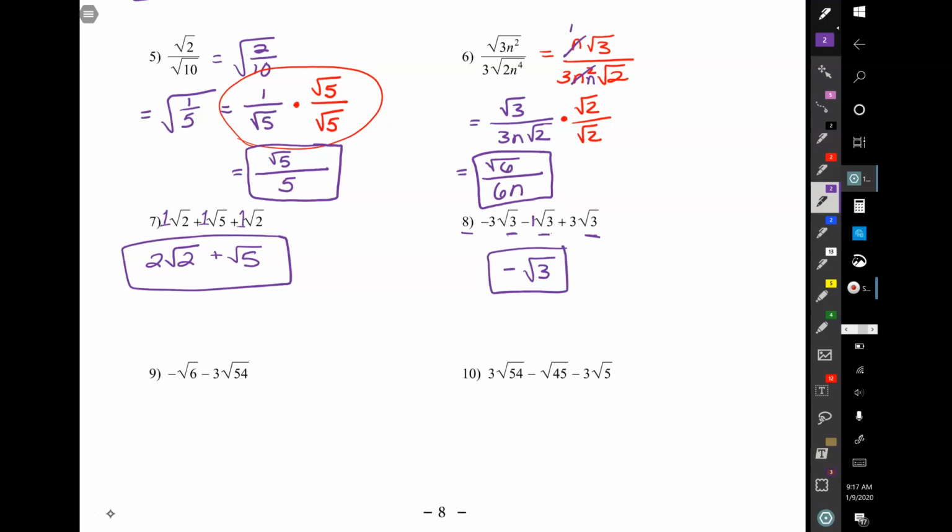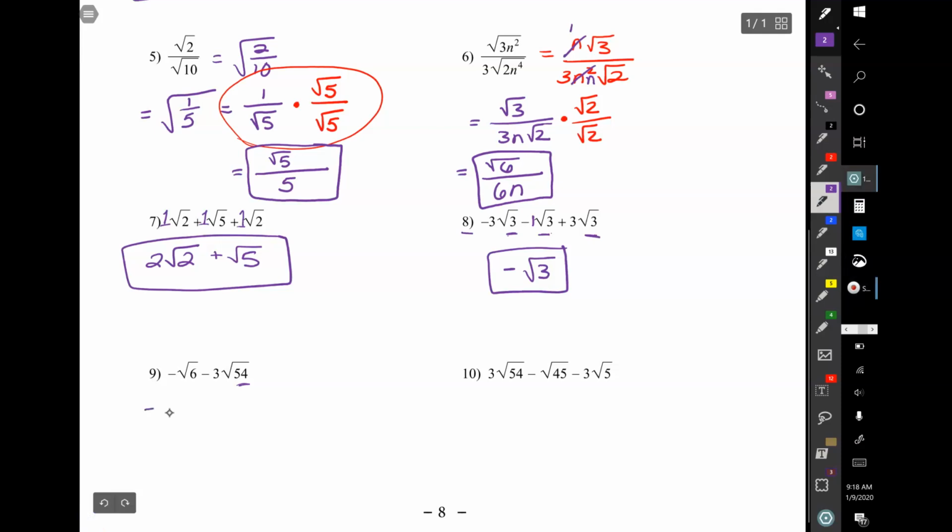On number 9, if you simplify it first, you should get something nice. So I want you to try that. This is negative square root of 6 minus 3 times square root of 54. If you simplify this 54, that's your hint, you'll get a perfect square in there that you can pull out and then you can add.